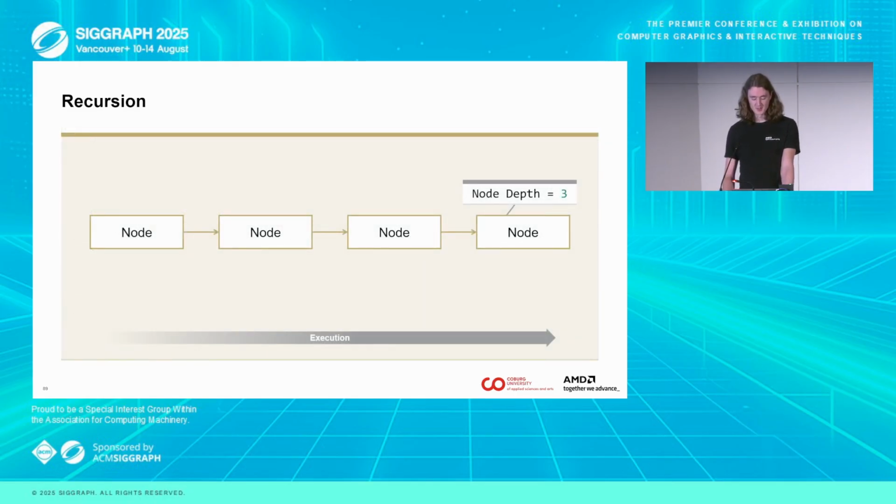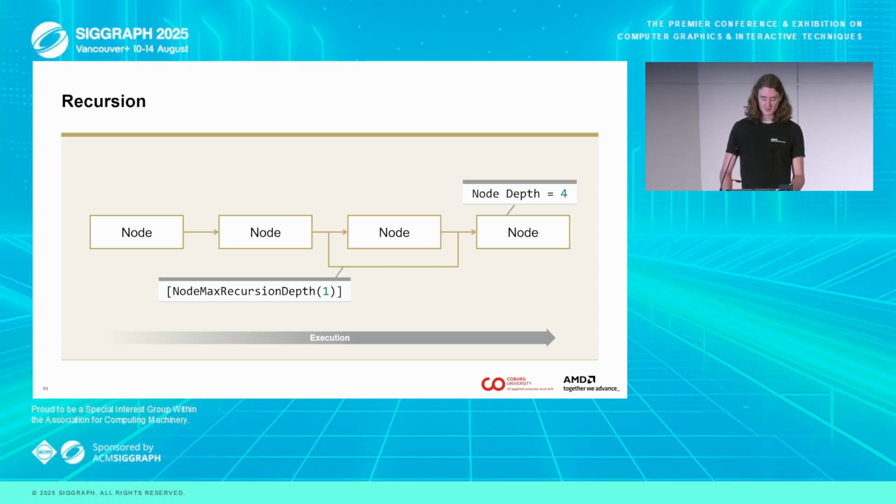Well, we said before that the longest chain of nodes in a work graph cannot exceed 32 nodes, and the node recursion actually counts towards it. So the node at the far right here would be at node depth 3, but if we introduce recursion, for example, to the node before it, it would be bumped one level further down for just one recursion. If we do 2, it will get bumped further down, and so on and so forth.